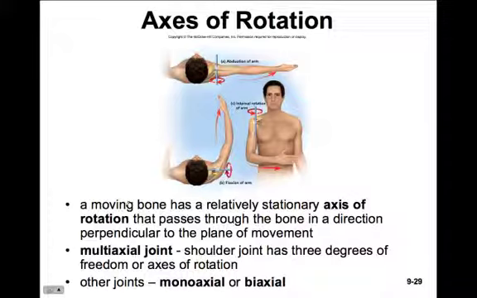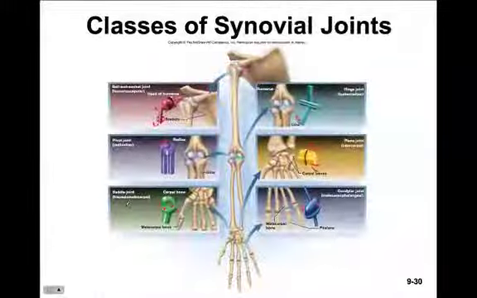A moving bone has a relatively stationary axis of rotation that passes through the bone in a direction perpendicular to that plane of movement. A multi-axial joint, like the shoulder joint, has 3 degrees of freedom or 3 axes of rotation. Most other joints are either going to be monaxial or biaxial. These are important things to consider as we discuss the different possible movements of synovial joints coming up.